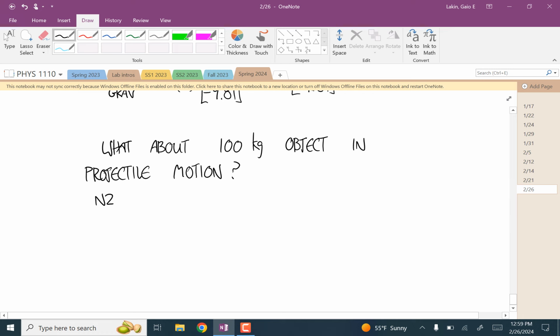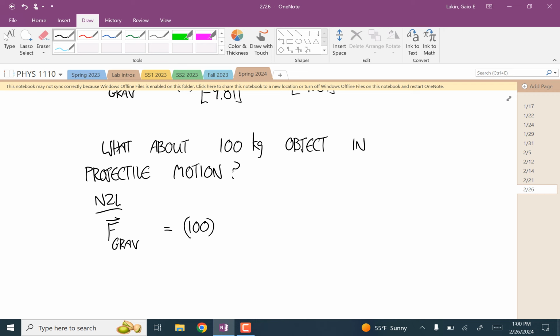Well, Newton's second law says the gravitational force applied to this object is equal to the mass of 100 times what's the acceleration of a 100 kilogram object in projectile motion? 9.81 down.